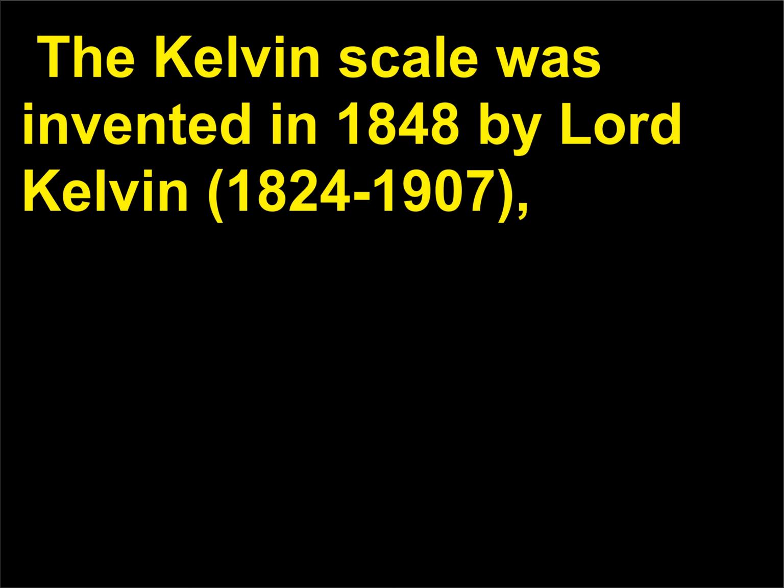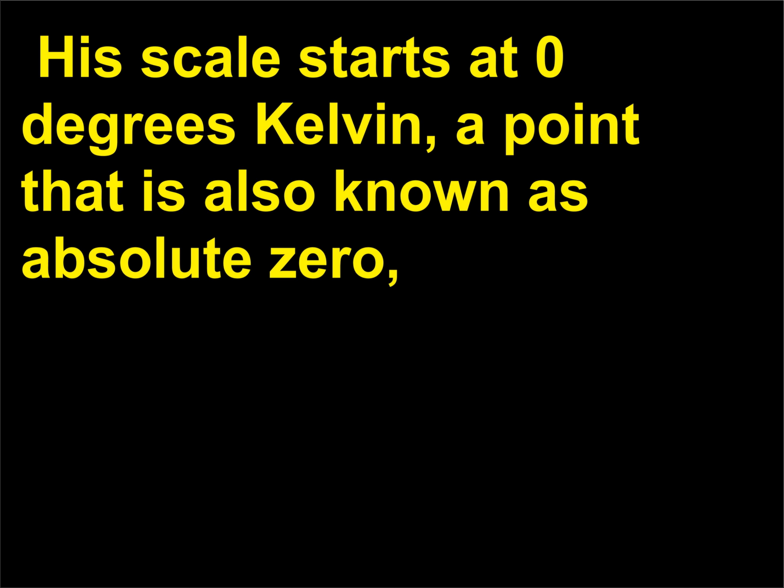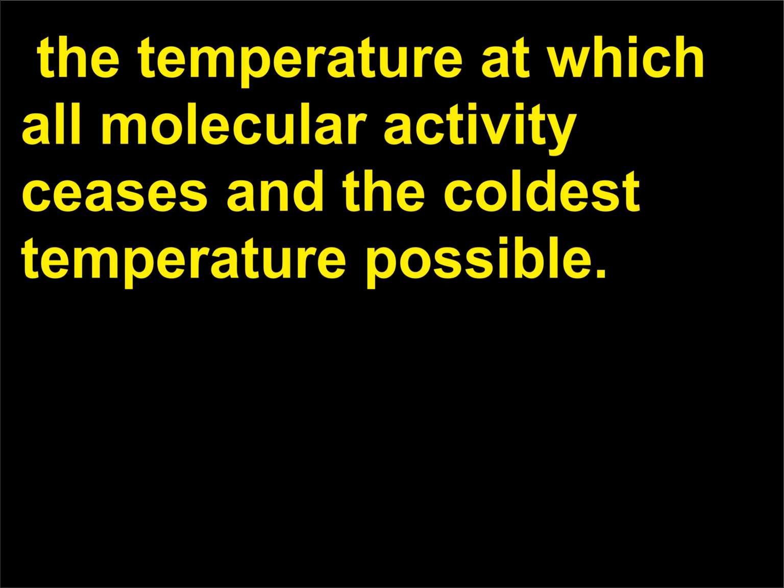The Kelvin scale was invented in 1848 by Lord Kelvin, 1824 to 1907, who was also known as Sir William Thomson, Baron Kelvin of Largs. His scale starts at 0 degrees Kelvin, a point that is also known as absolute zero, the temperature at which all molecular activity ceases and the coldest temperature possible.